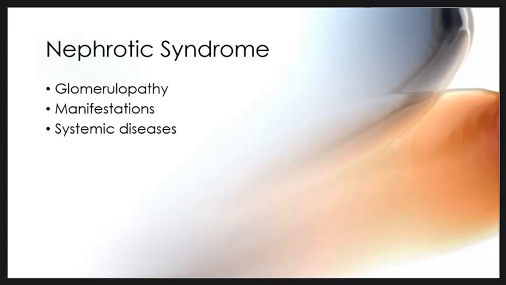Ultimately, most patients will develop nephrotic syndrome manifestations, which include hypoalbuminemia, hyperlipidemia, generalized edema, and a propensity for developing clots. The most common primary causes are lipid or lipoid nephrosis, idiopathic focal segmental glomerulosclerosis, and membranous nephropathy.